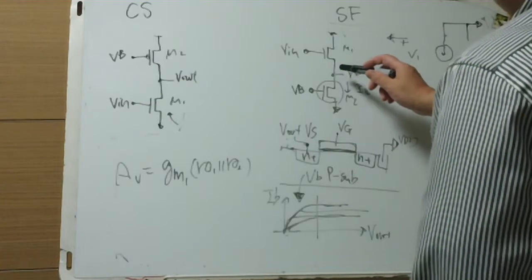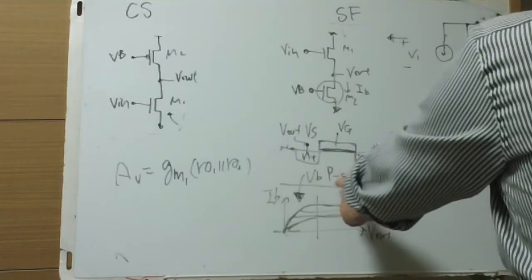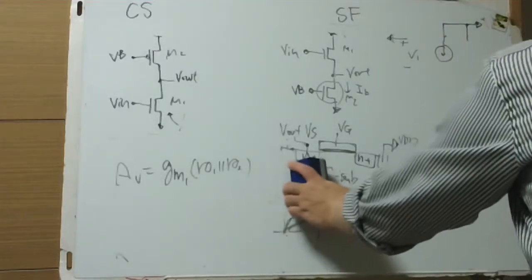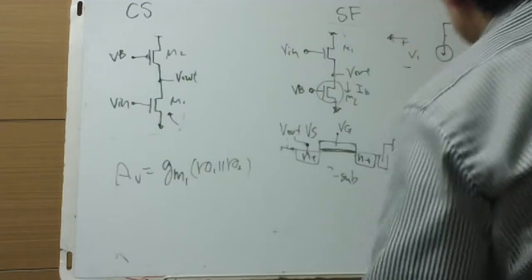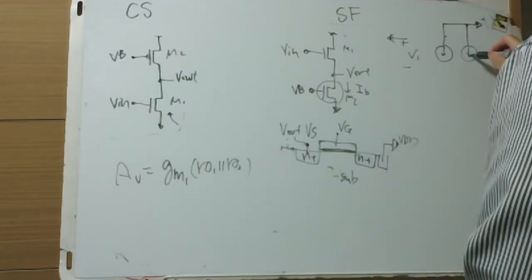So VS is positive and the P substrate equals 0. The back bias, the base to source voltage, exists.